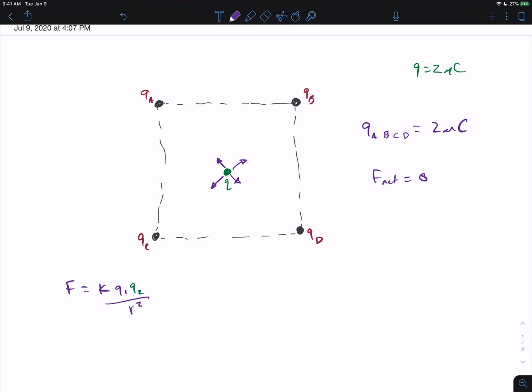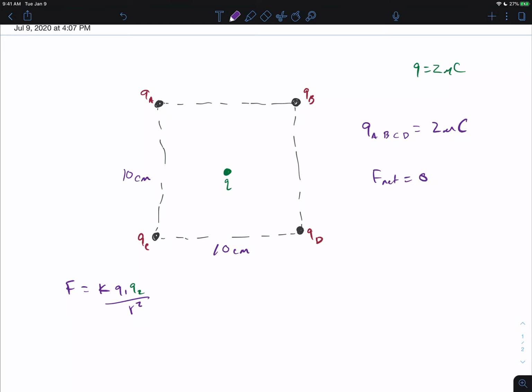Let's say that each side of my square is 10 centimeters. Okay, so if this side right here is also 10 centimeters, then what is the distance from the center of this square to any of the corners? What I want to do is find the X and Y distance.